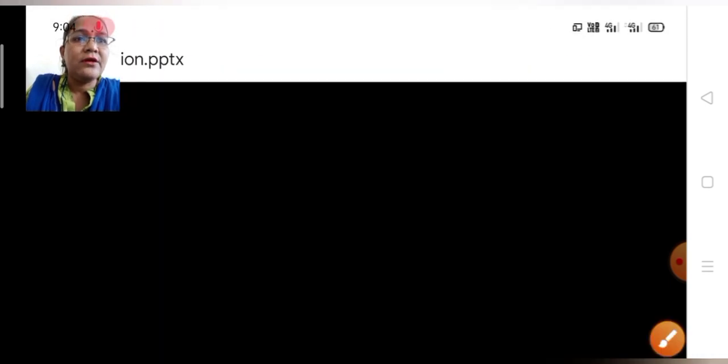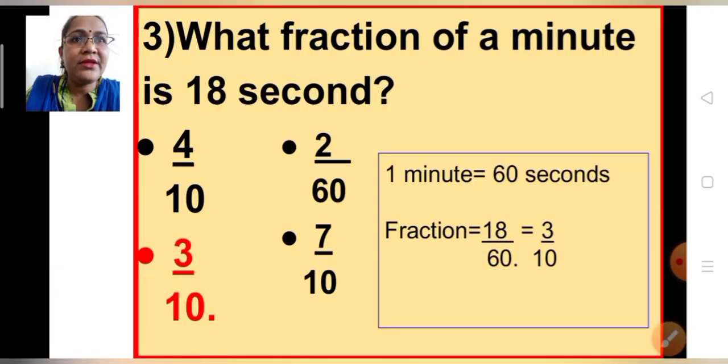Next is question number 3. What fraction of a minute is 18 seconds? In this question, what is given to you is a minute, and you need to find a fraction of a minute. What fraction of a minute is 18 seconds? So children, first of all, we all know that 1 minute is equal to 60 seconds.